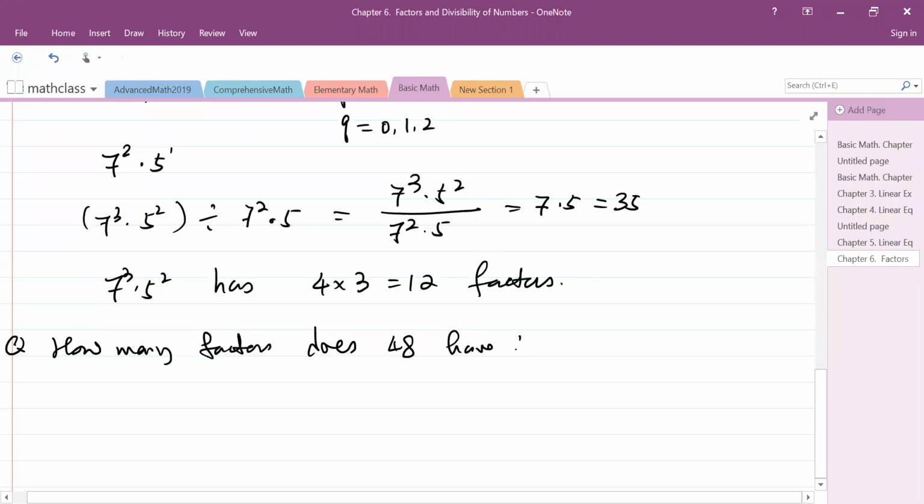First of all, you factor 48. You write 48 as a product of prime numbers.